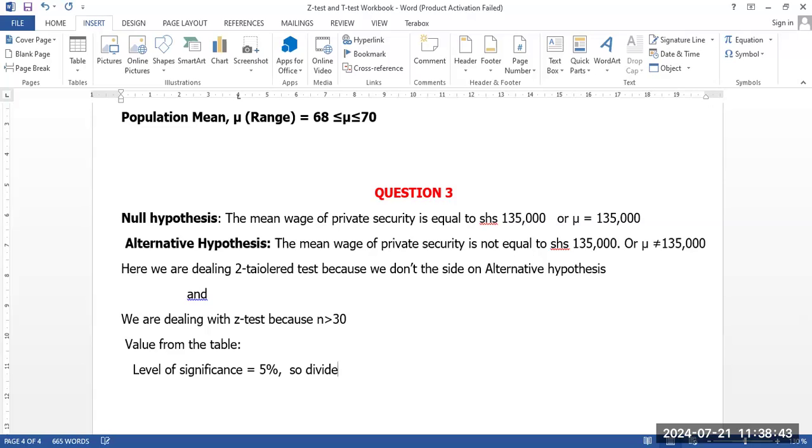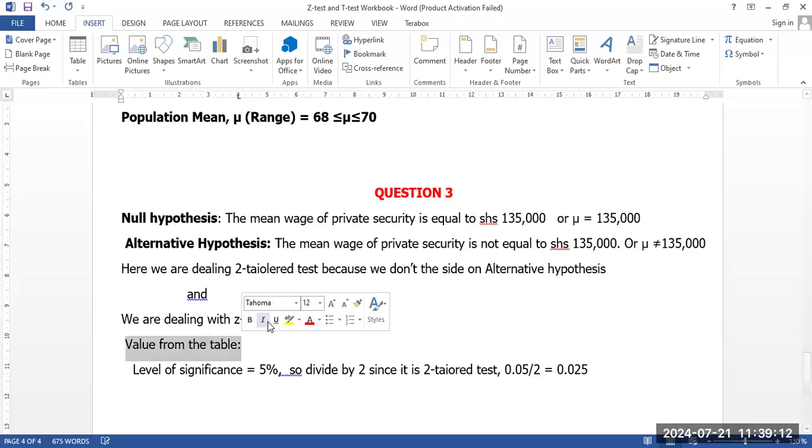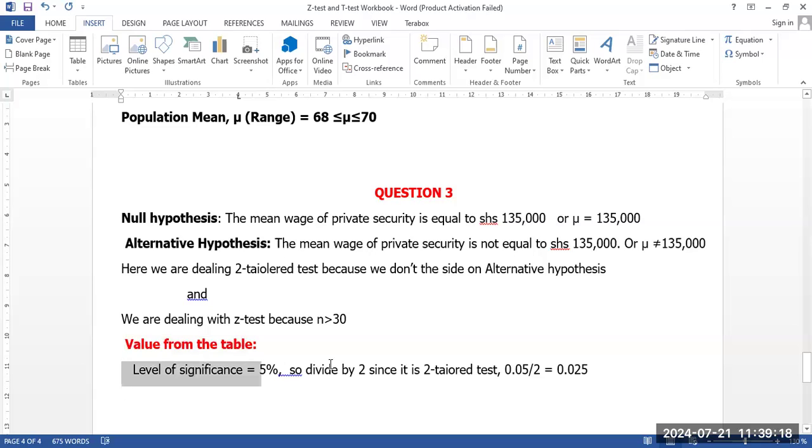And what do you get? 0.05 divided by 2, we get 0.025. That is step number 1. Whether you are dealing with a Z test or a T test, as long as it is a two-tailed test, we always divide by 2.